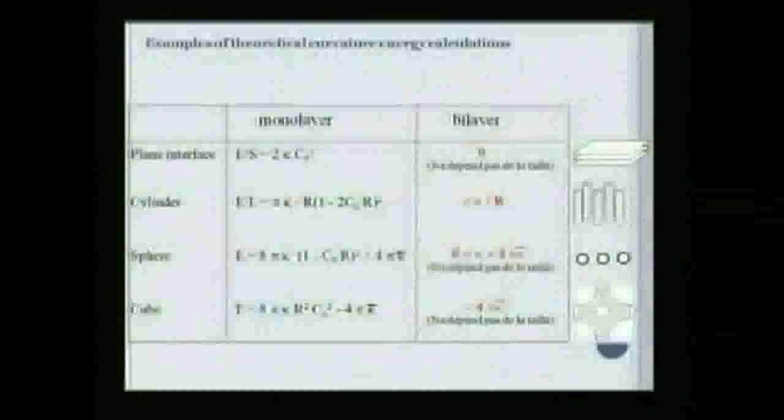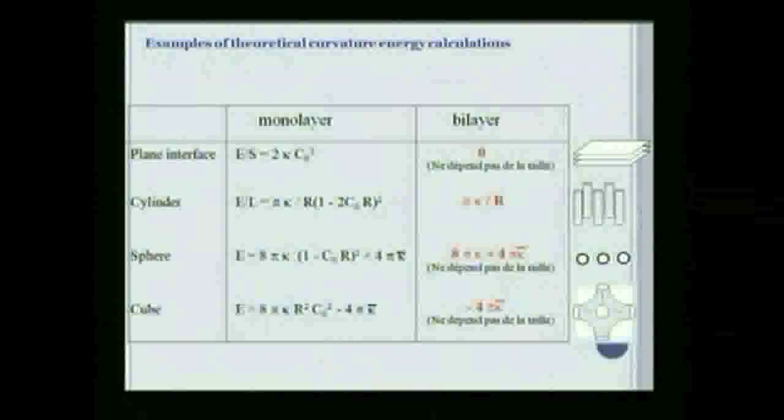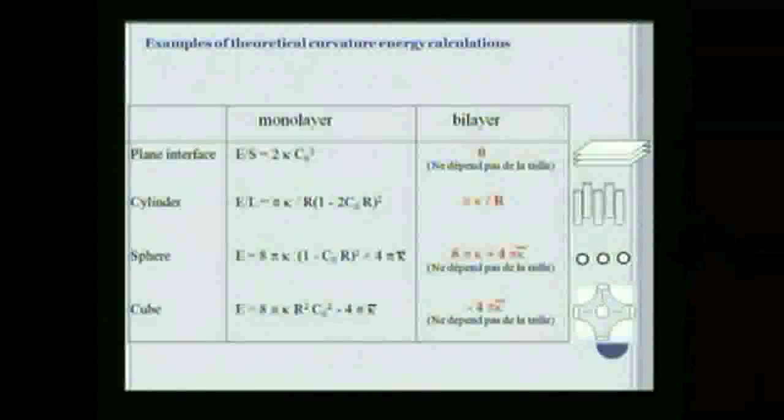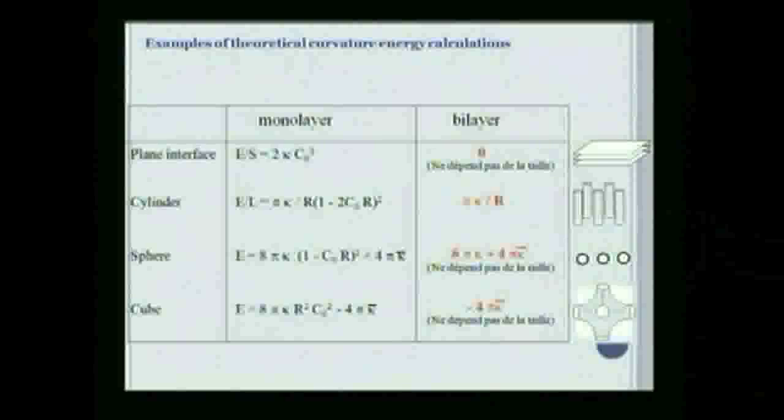There is curvature energy in the case of cylinders, depending on R, which is the radius of the cylinders, of course. In the case of a bilayer of spheres, what is that? A vesicle, for example. A vesicle can be considered as bilayers making a sphere.